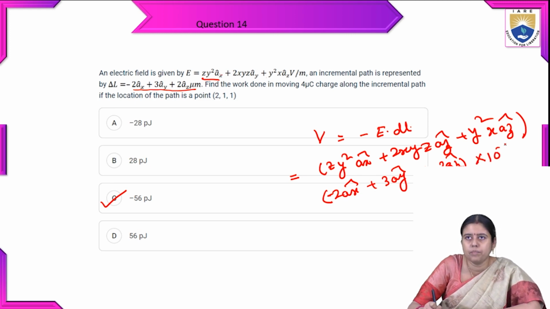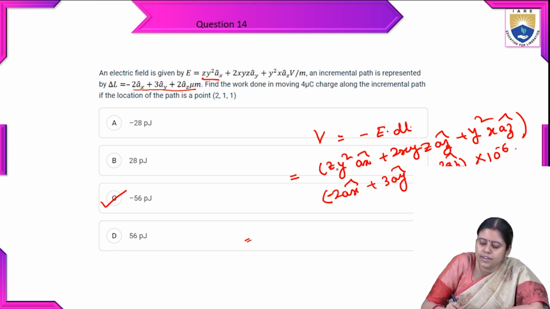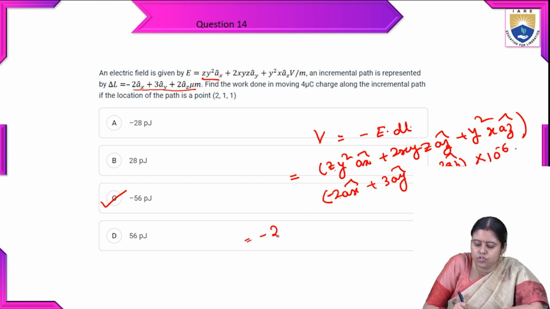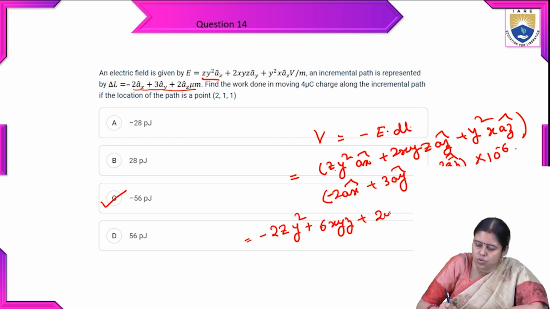Micrometer means 10 to the power minus 6. So if we solve it, we will get 2 minus 2z y square plus 6xyz plus 2y square x into 10 to the power minus 6.